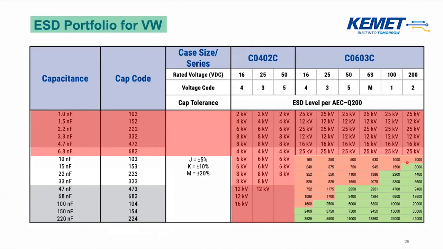So these are the values you can use standard KEMET components, but also from our competitors. If you go outside this area, you have to use a TVS diode in parallel.